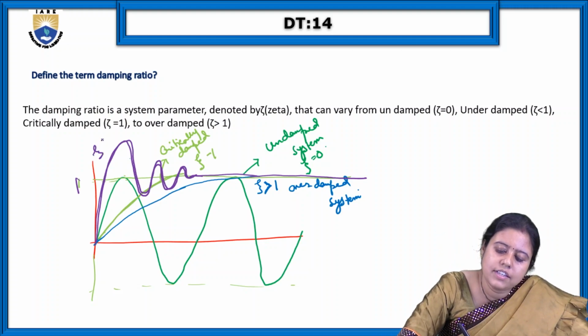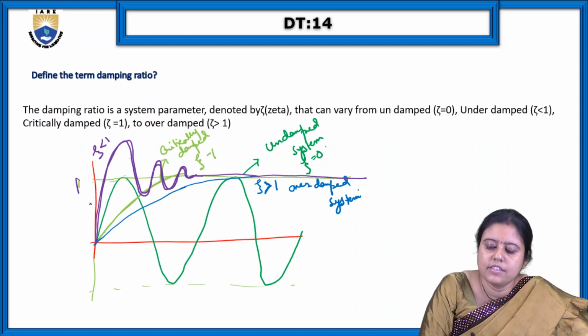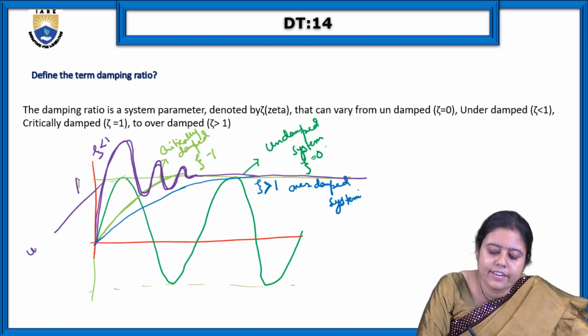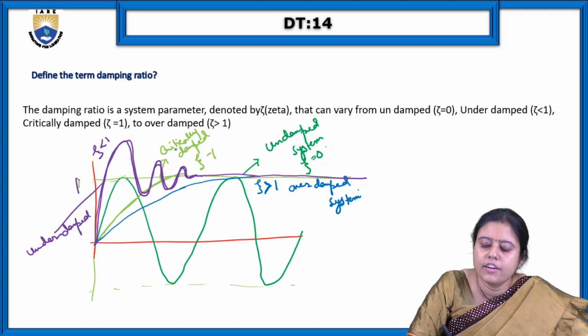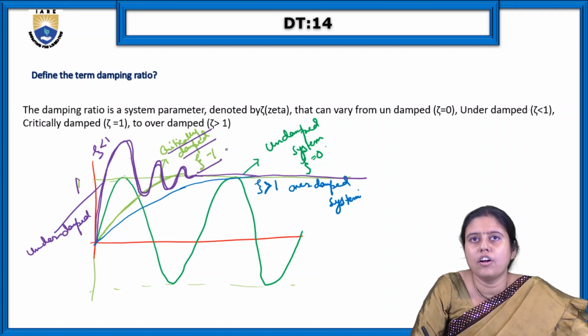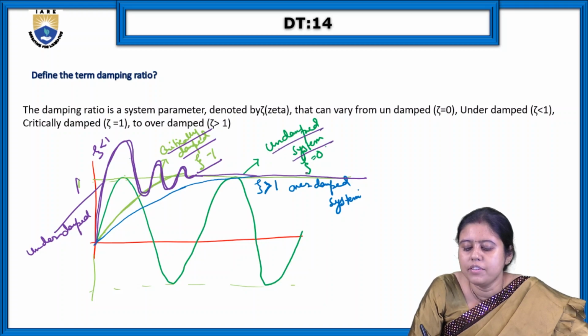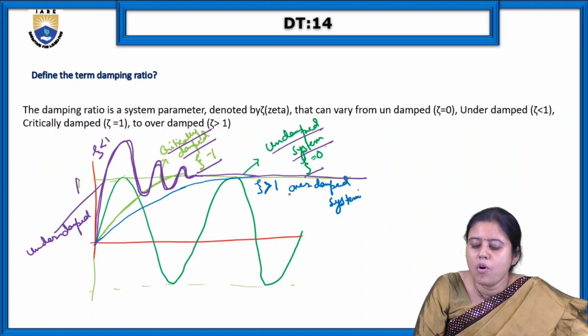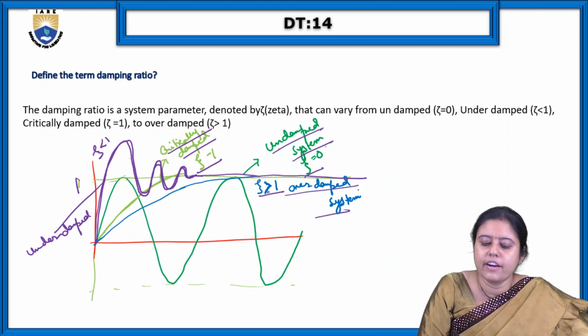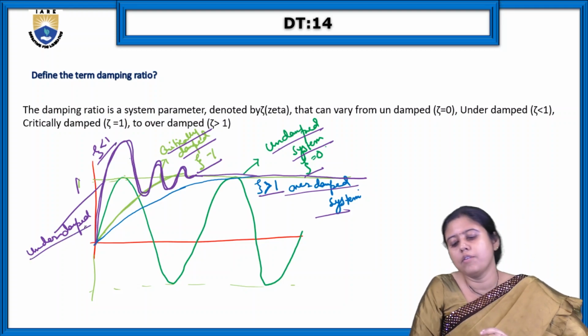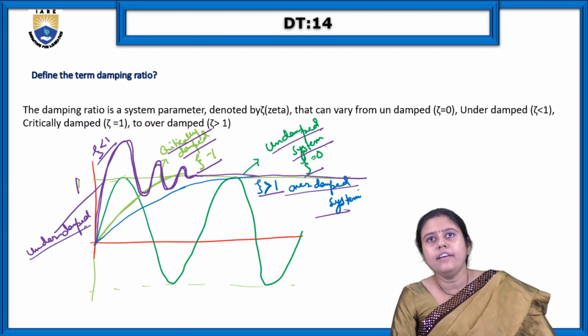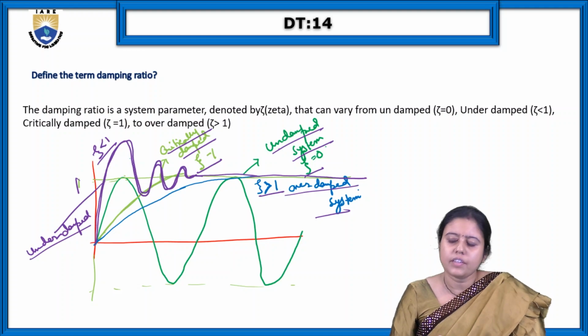So this is zeta less than 1, and this is called the underdamped. So what are the four? Critically damped, zeta is equal to 1. Undamped, zeta is equal to 0. Overdamped, zeta is greater than 1, and zeta less than 1 is known as the underdamped system.